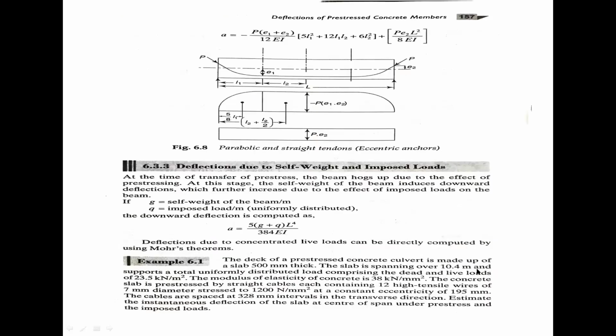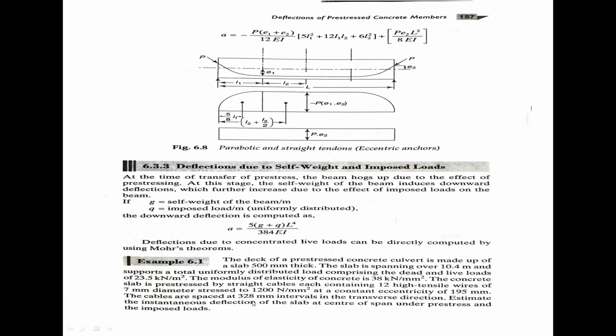Now for each cable, we take 12 into 38.5 into 1200 divided by 1000. We have to take the number of wires: 12 high tensile wires of 7 mm diameter, stressed to 1200 Newton per mm square. Eccentricity is 195 mm.